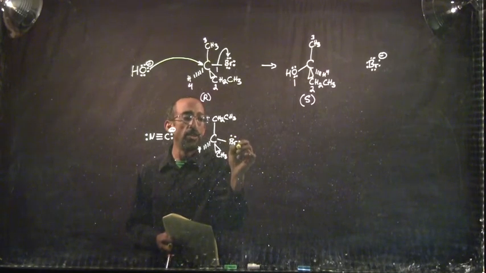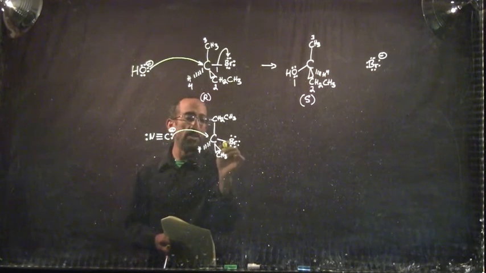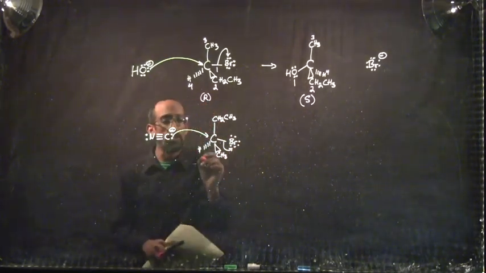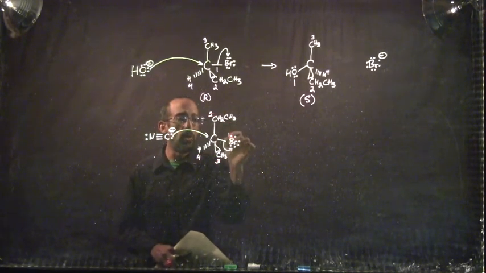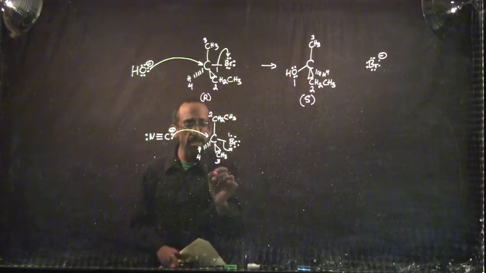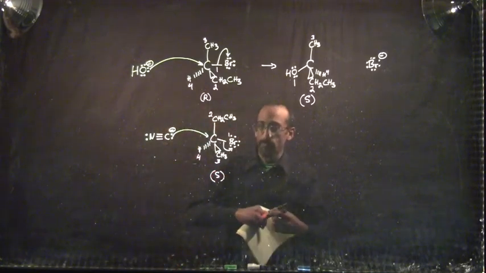I make sure to include all of my electrons. I can do my arrow pushing. Priorities on this group: 4, 3, 2, 1. 1 to 2 to 3, I'm moving counterclockwise. This alkyl halide has an S stereocenter.